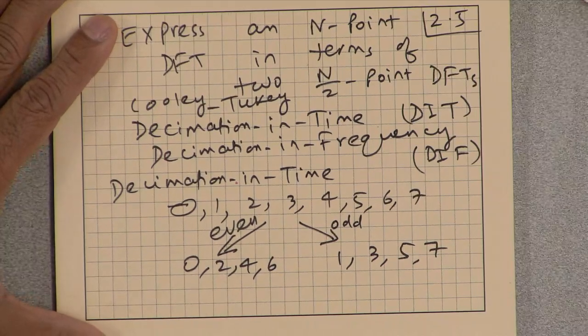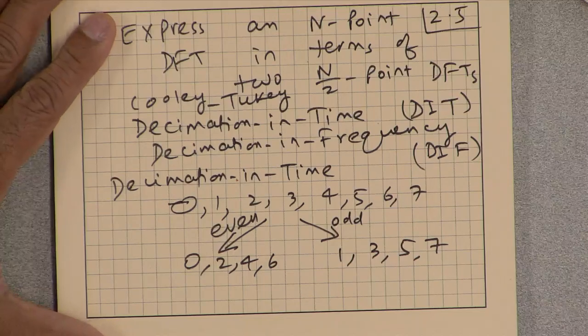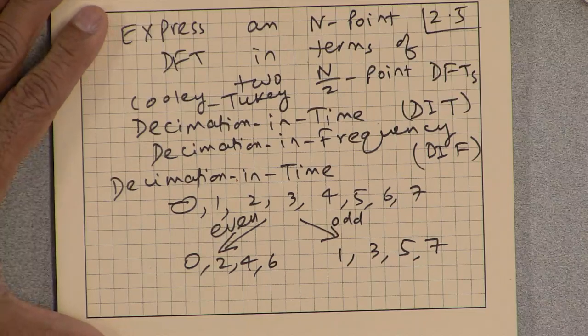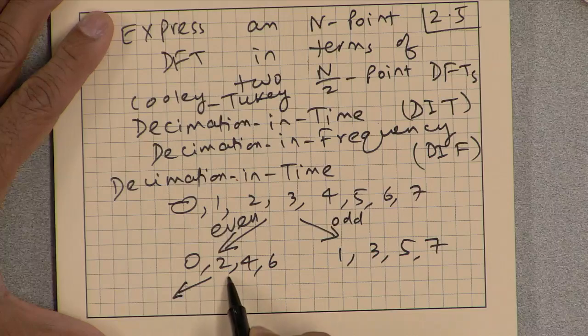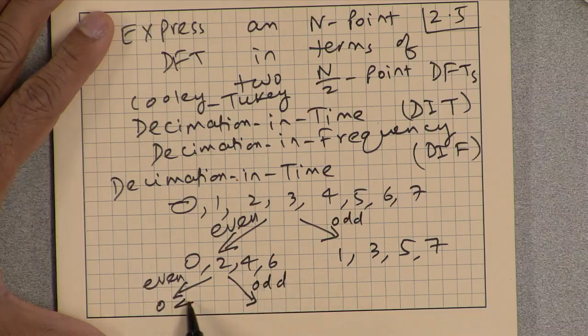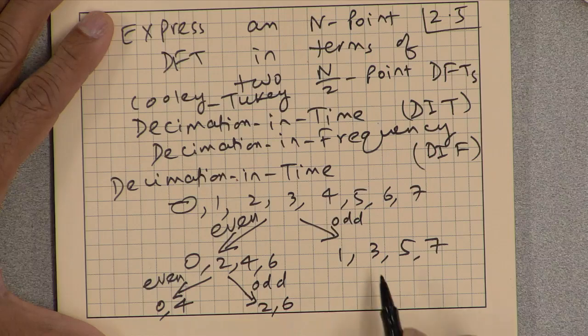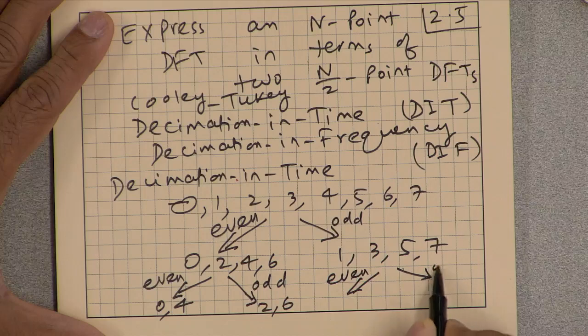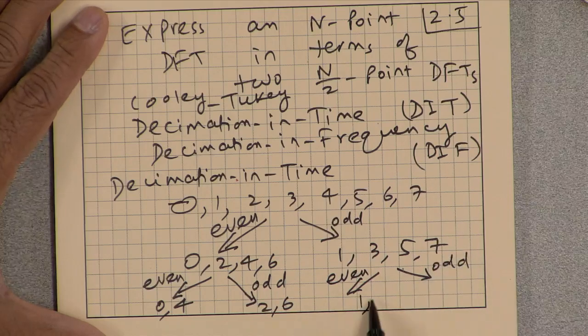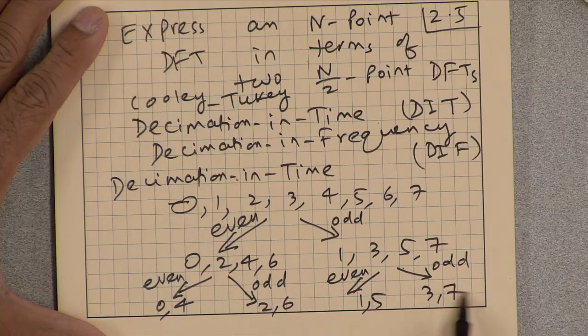And then if I want to go through this process one more step, I describe this as even of the even and odd of the even, then this will be 0 and 4, this will be 2 and 6. And if I take the odd sequence, again describe that as even of the odd and odd of the odd, this would be 1 and 5 and 3 and 7.